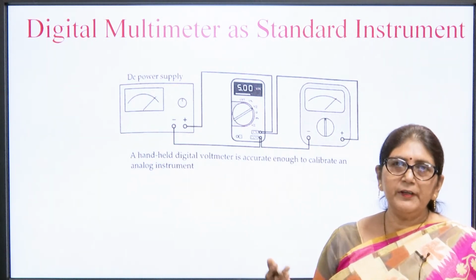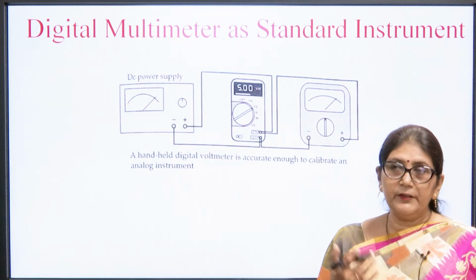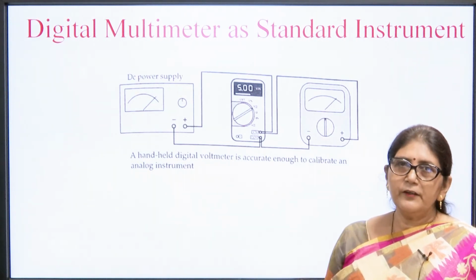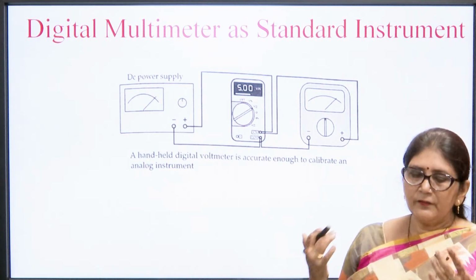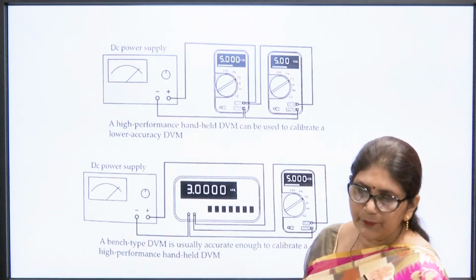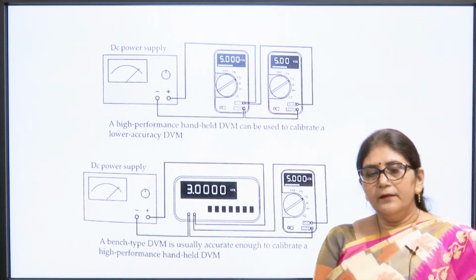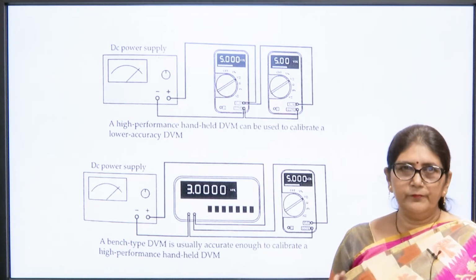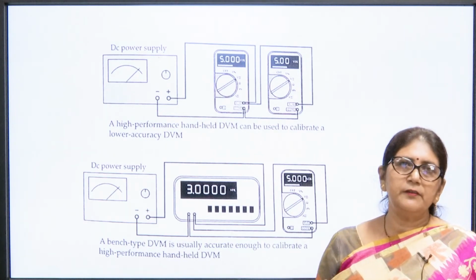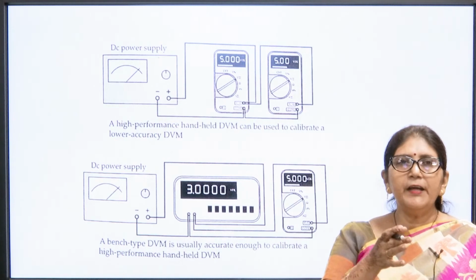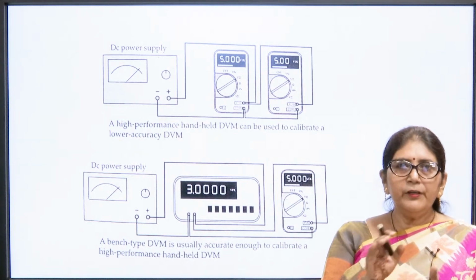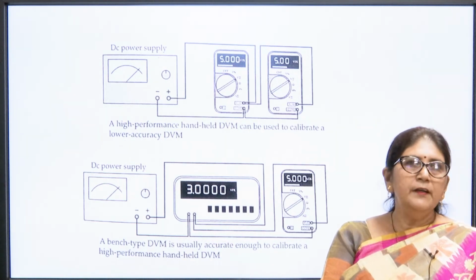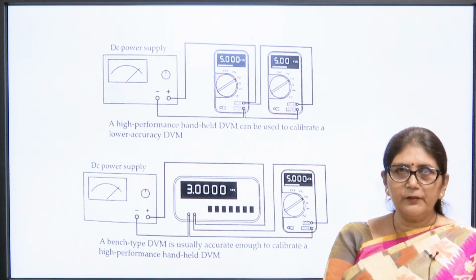It is better if we calibrate our digital instrument with a third party or the national laboratory, and get a certificate of that, so that it shows our instrument is standard and calibration is done properly. Similarly, if we are using a digital voltmeter or digital multimeter, we know that a bench type digital voltmeter is more accurate than a handheld digital voltmeter.